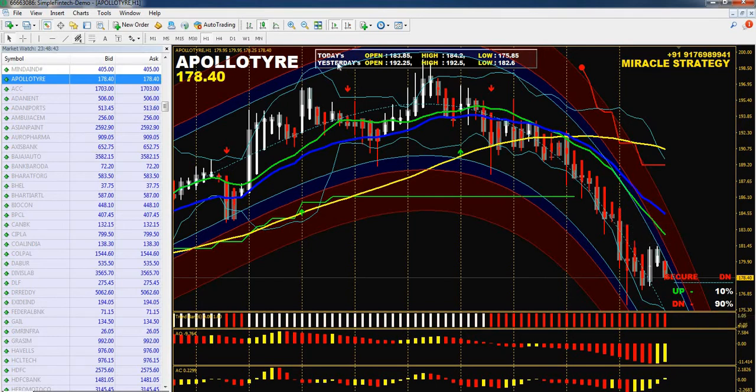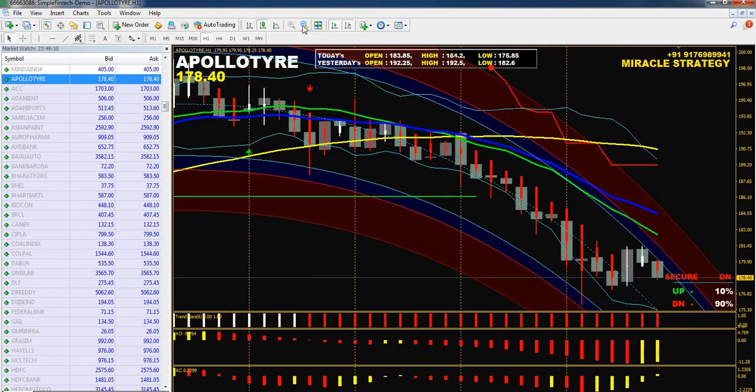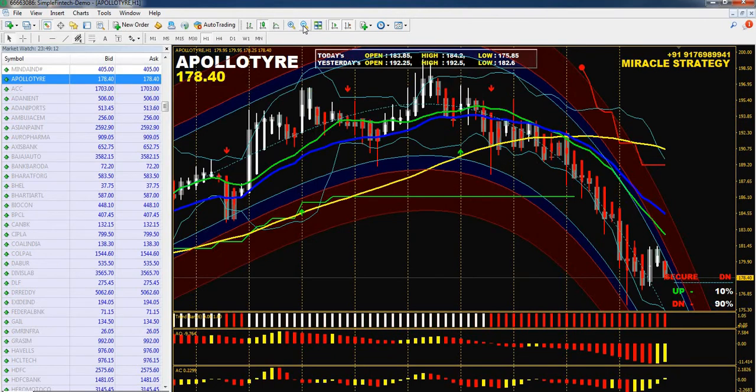These are today's and yesterday's open, high and low values, and these are your candles that you can see. These candles represent the opening and close, high and low, and you can refer to those candles, and you can easily select this size whatever you want through these zoom in, zoom out things.